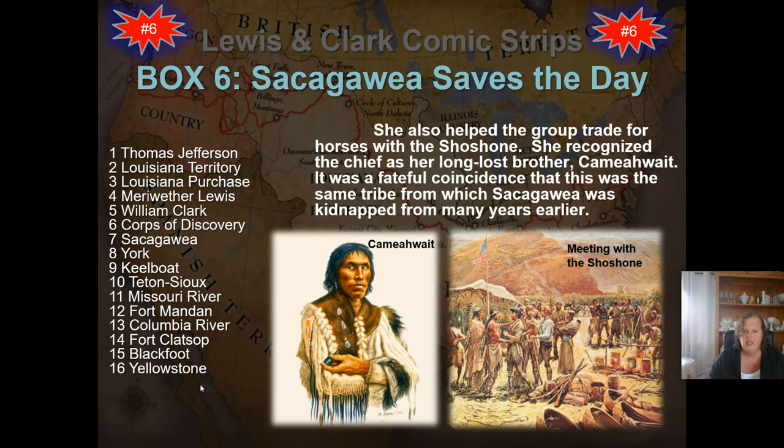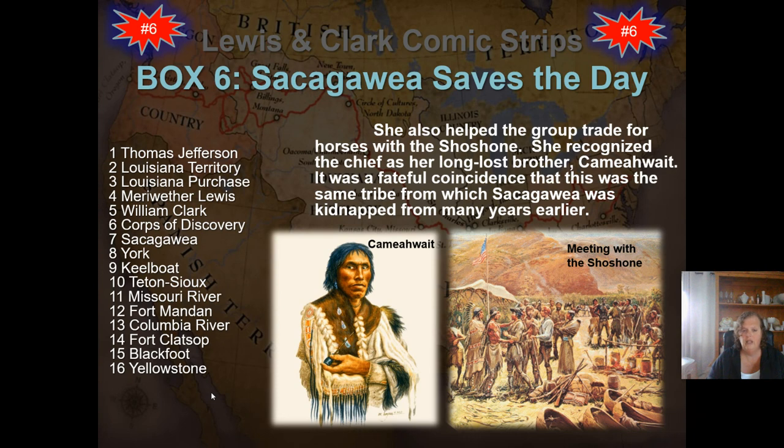And then this is the biggest story coincidence, I think. So the expedition needed horses, and they were having a hard time negotiating for those, but Sacagawea was able to speak Shoshone because she had been kidnapped as a young girl and taken away from the Shoshone.